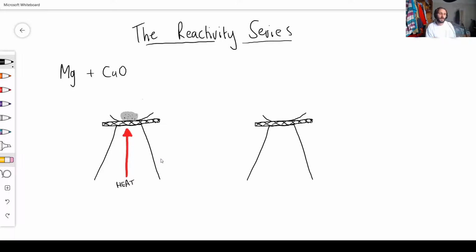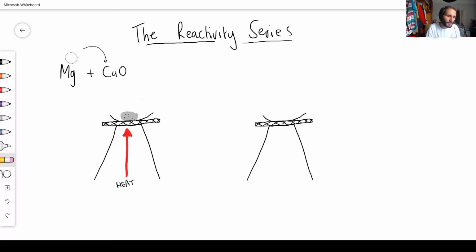What we are trying to achieve in this experiment is, by applying a lot of heat, as you can see at the bottom here with the Bunsen burner, to put a lot of these magnesium atoms in place of this copper. So we're kind of trying to substitute these two. It's called a displacement reaction because it displaces the copper and fills it with the magnesium.